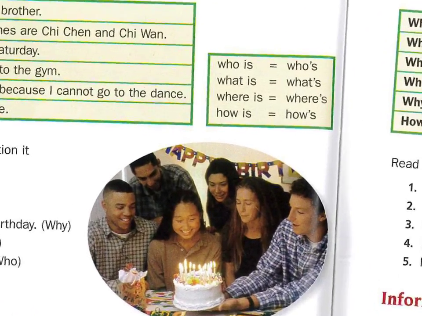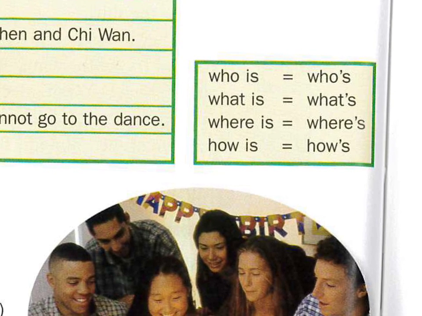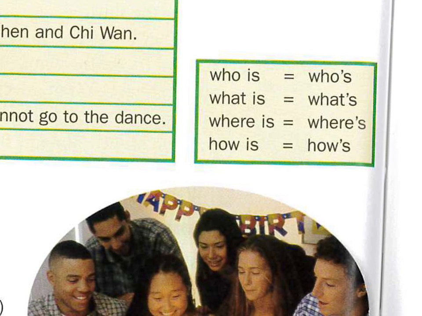So notice the box here for contractions. Who is, who's. And the apostrophe shows where the i was. What is, what's. Where is, where's.